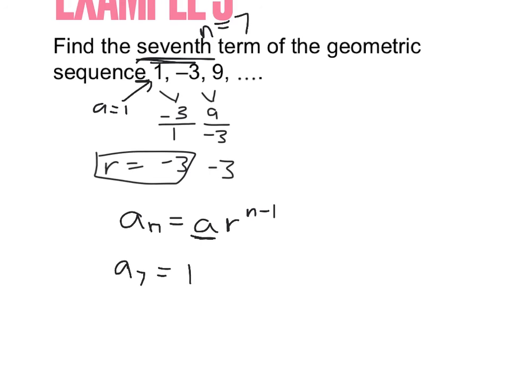So we're going to plug 1 in for a. And our ratio is negative 3, so we have negative 3 raised to the 7 minus 1. 7 minus 1 is 6.